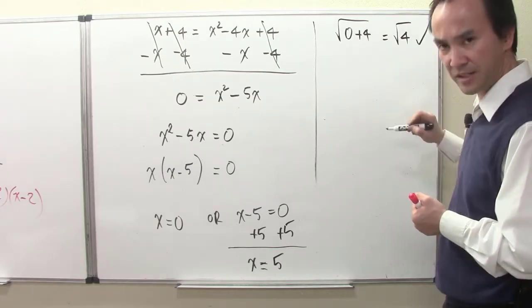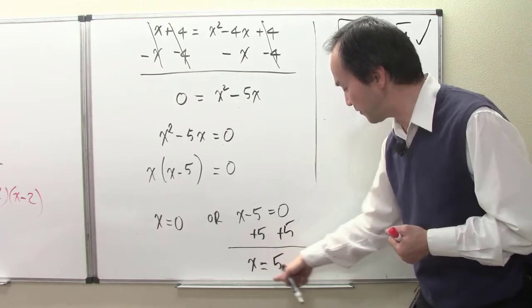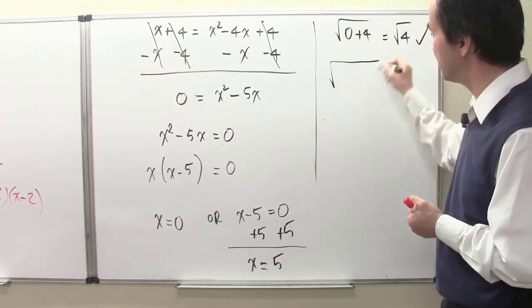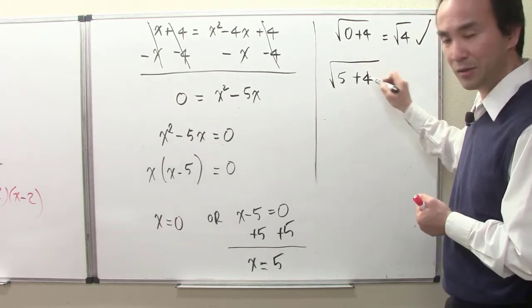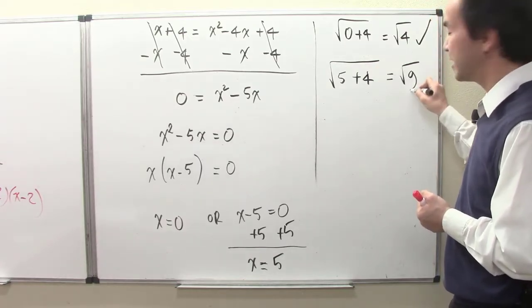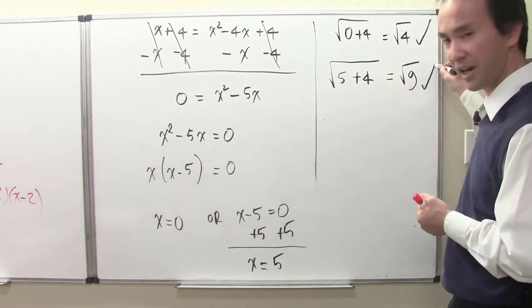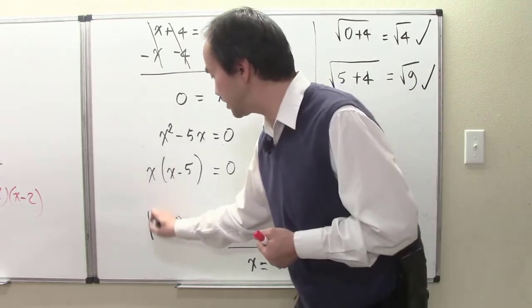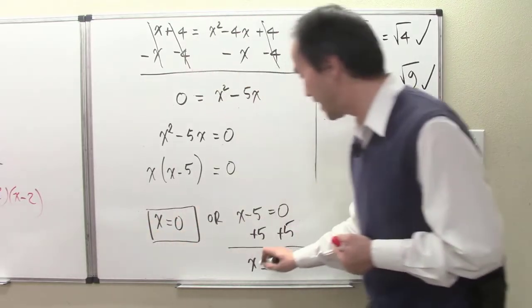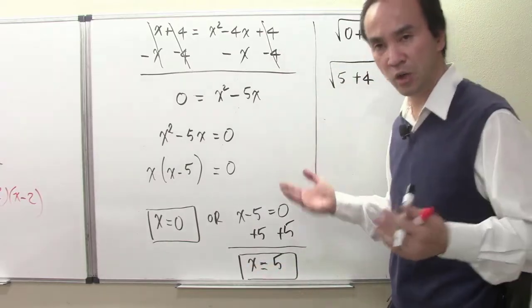This is passing. Now the same way, when x equals 5, the square root term becomes the square root of 5 plus 4, which is the square root of 9. In this case, this is also checked. All right, so now we can conclude that these 2 values are our solutions to the original equation.